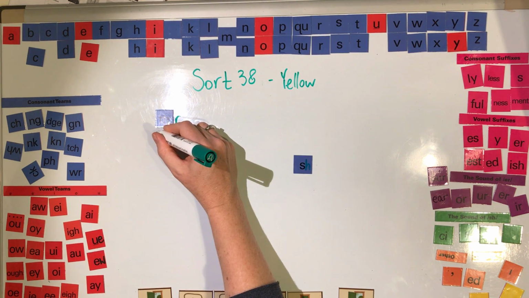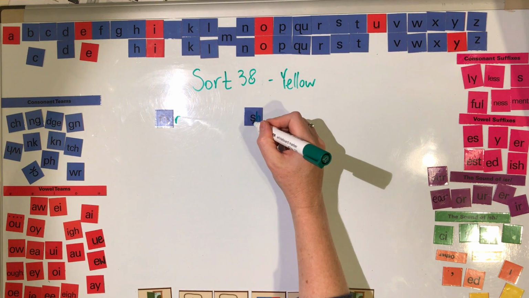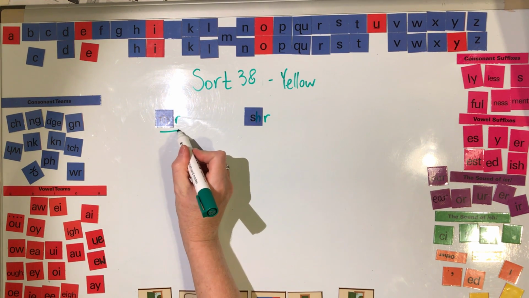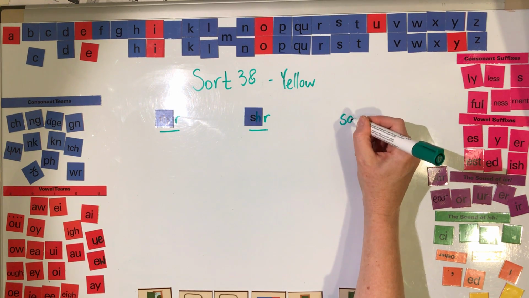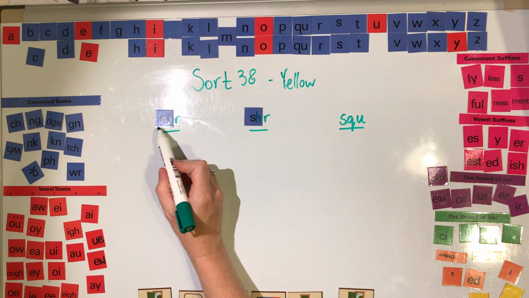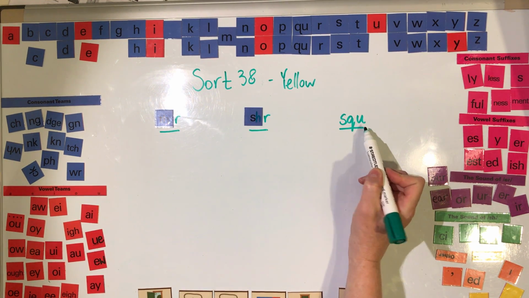So we're going to have words that say thr. We're going to have words that say shr. So these are our three-letter consonant blends. And then our last column is the squ. So thr, shr, and squ.